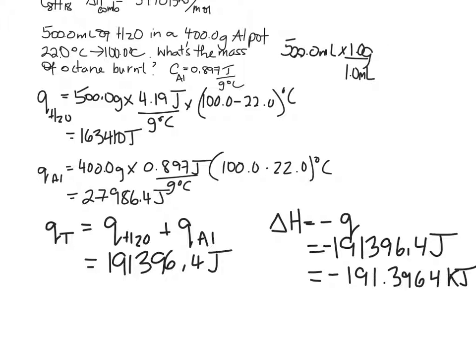And now we can substitute into our next equation. Delta H equals n delta H of combustion. Substitute in your values, solve for n, or substitute in m over M, mass over molar mass.